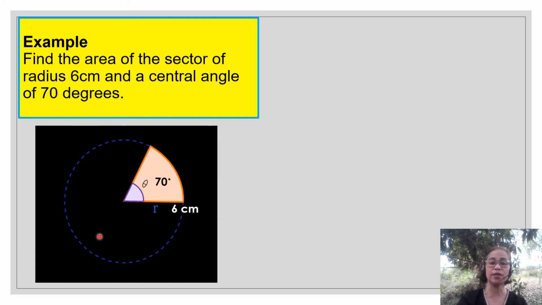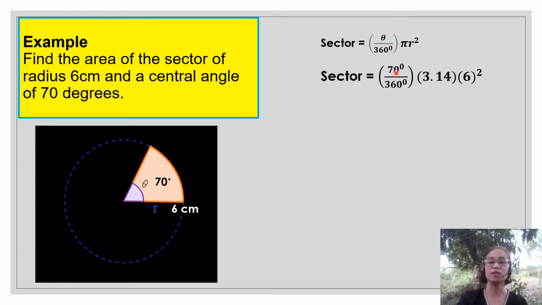To illustrate, this is how it's going to be. Then step 1 is the formula of the sector. Then we substitute for theta, which is 70 over 360, our constant value of pi, then 6 as our radius raised to the second power.